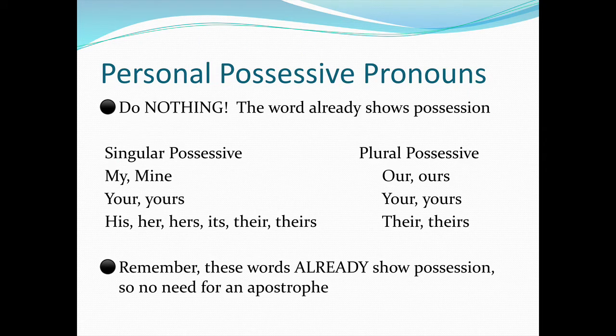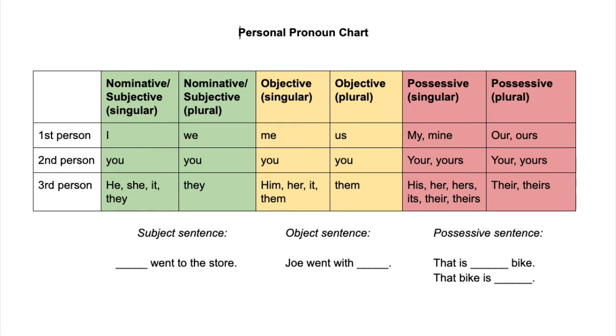Okay, in order to make a personal pronoun possessive, do nothing, because the word already shows possession. Let's take a quick look at the personal pronoun chart to remind ourselves that the chart already contains a column, indicated here in red, that is already possessive. So in first person, we have my, mine, and our, ours.